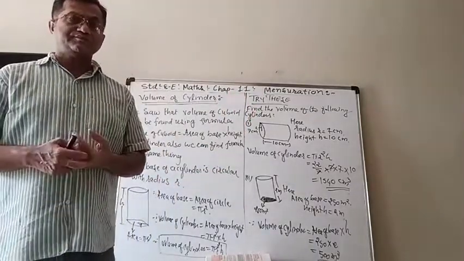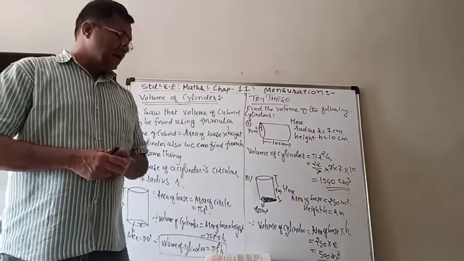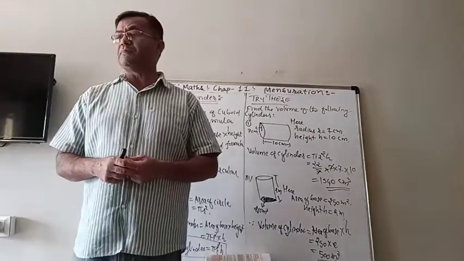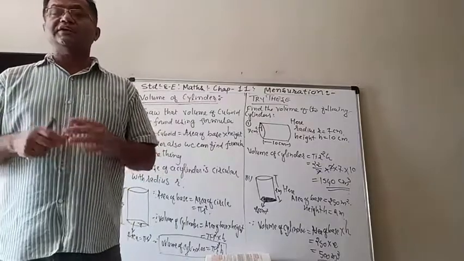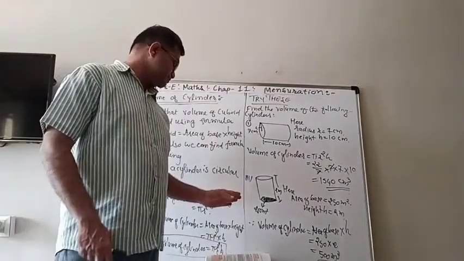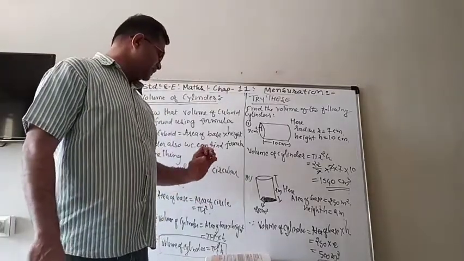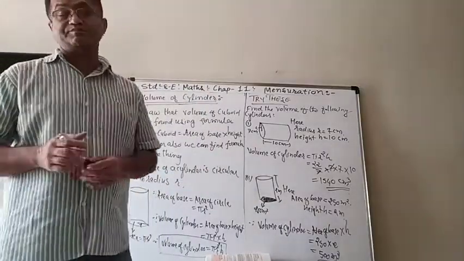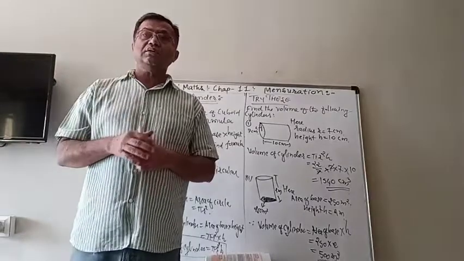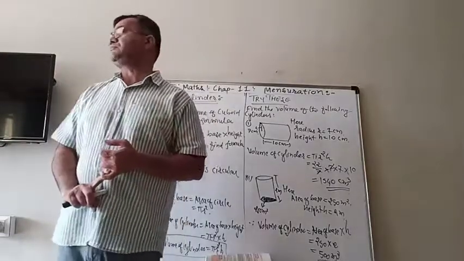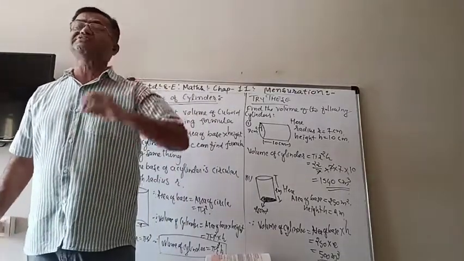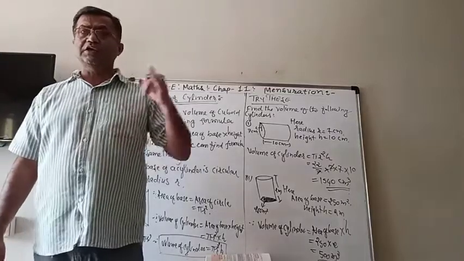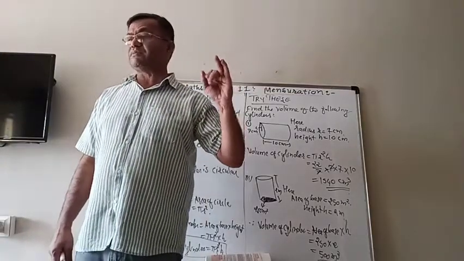And if the area of the base is given, we can use the formula volume of cylinder is area of base multiplied by height. So now we have learned about the volume of three solid shapes.